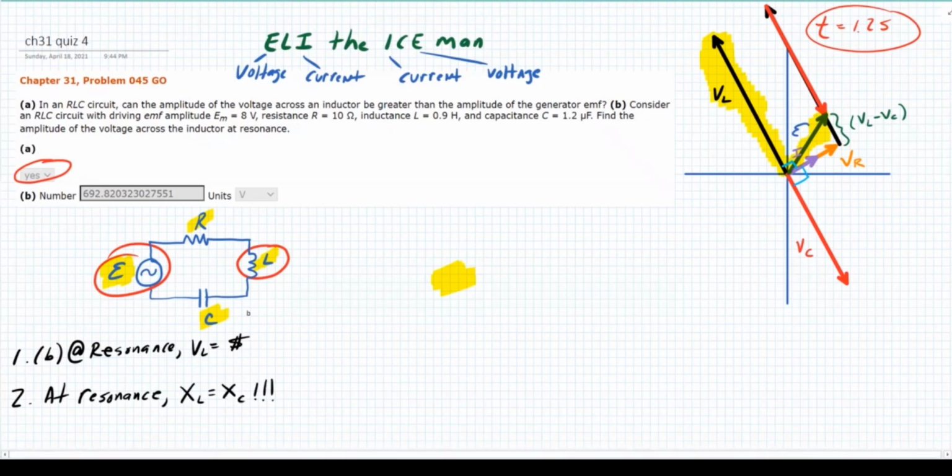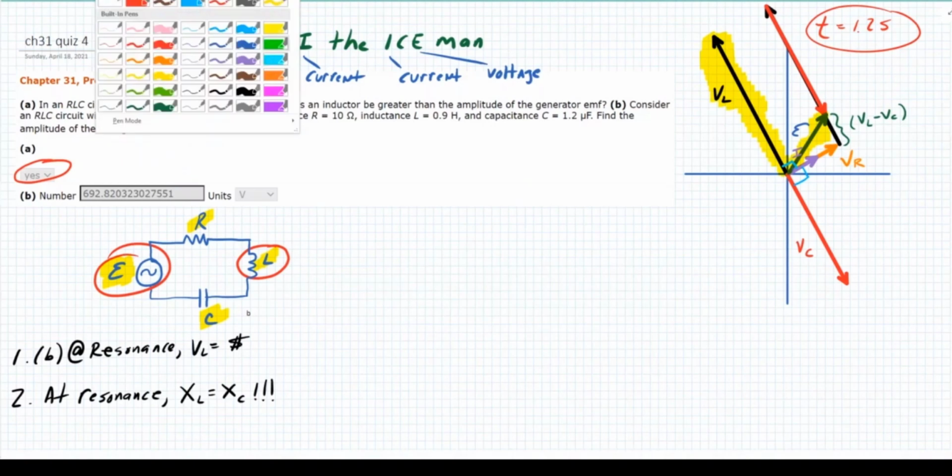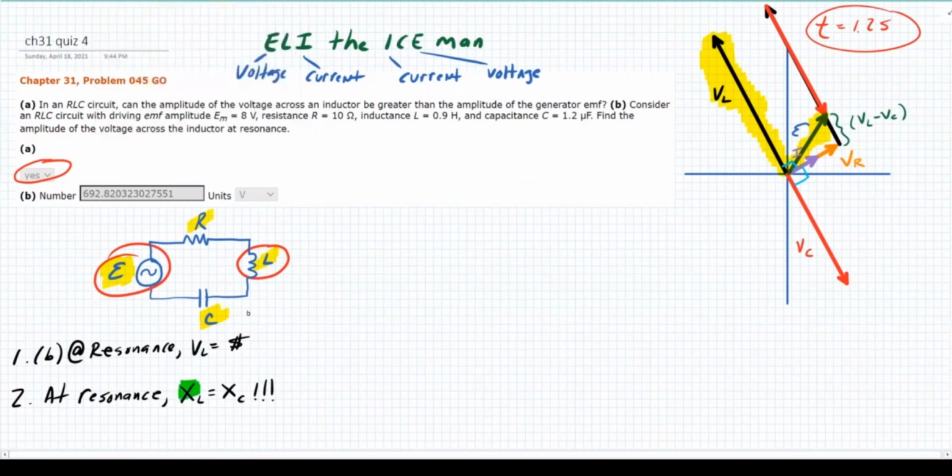At resonance, you basically have the inductor and the capacitor mutually destroying themselves. The reactance of the inductor is not a friend to current, and similarly, the reactance of a capacitor is not friendly to current flow. If you can get them to perfectly offset, though, that's the friendliest situation you can hope to achieve.